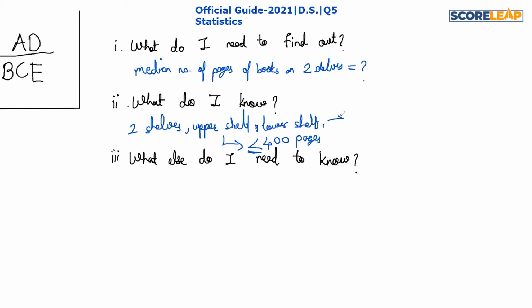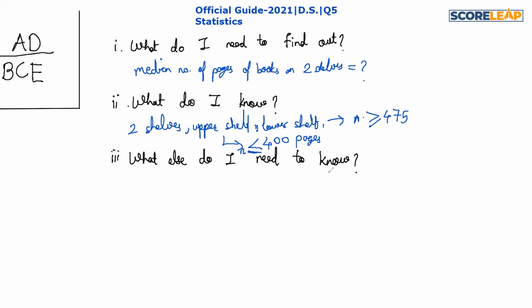So for the lower shelf, the number of pages will be greater than or equal to 475. The least number is 475 and the highest number is anything. For the upper shelf, the highest number is 400 and the least number is anything. It cannot be 0 because it is a book, right?